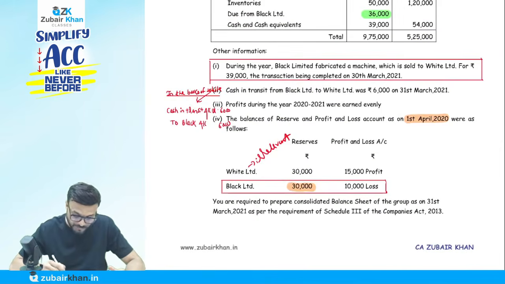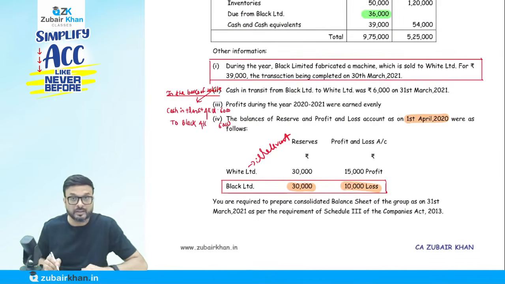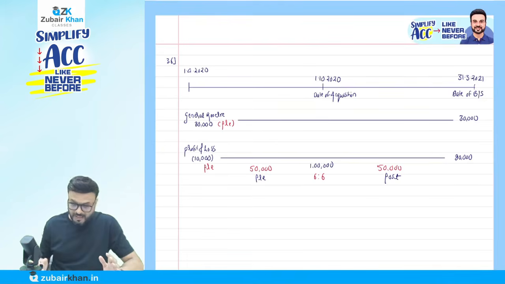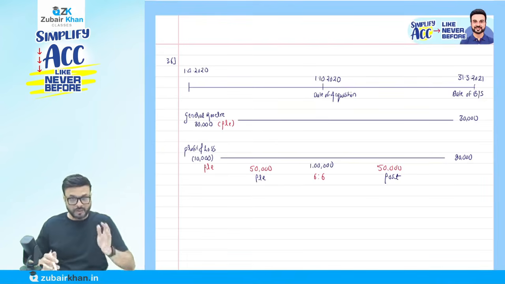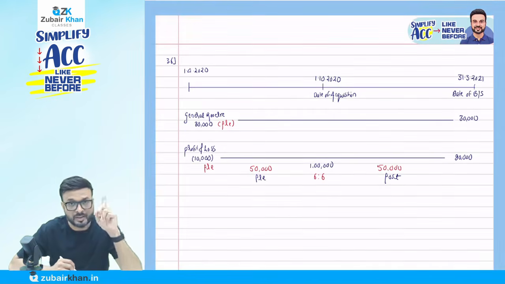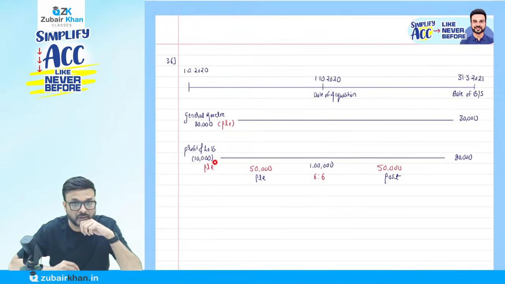Now, they say how much we have at the end of the year. When I go to the end of the year, the closing balance is 90,000. So here I have a balance of 90,000. At the starting of the year there is a loss of 10,000, and at the end of the year we have a profit balance of 90.